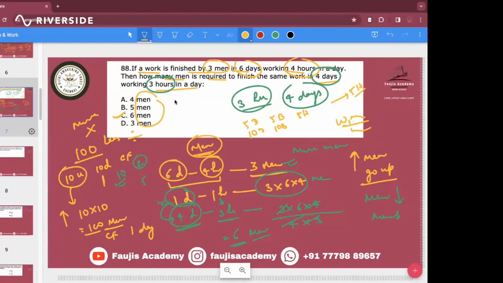How it is: 5 dogs, 5 biscuits, 5 hours you had. We need to find hours, so we'll keep it in the right extreme. Now only 1 dog is there. So he will take more time, no? 5 biscuits are there. He will take more time. So 5 into 5, because the number of dogs has become less.